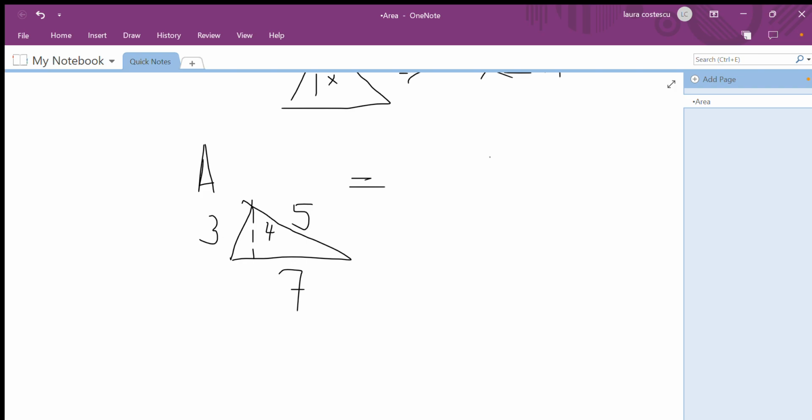We can calculate the height as I already said with the Pythagorean theorem, which I will teach you in probably one of the next 5 videos. Alright, so in order to solve this, it's 1/2 times 7, because 7 is the base here, times 4, which I think equals 14. Yes, this is good.